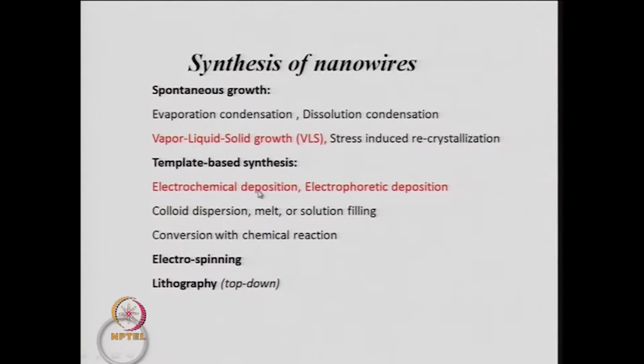Electrochemical deposition is mainly for metallic nanowires, whereas with electrophoretic deposition we can make nanowires not only of metals, but also metal oxides, that is nanowires which are non conducting, whereas those which are conducting can be made by the electrochemical method as well as the electrophoretic method.